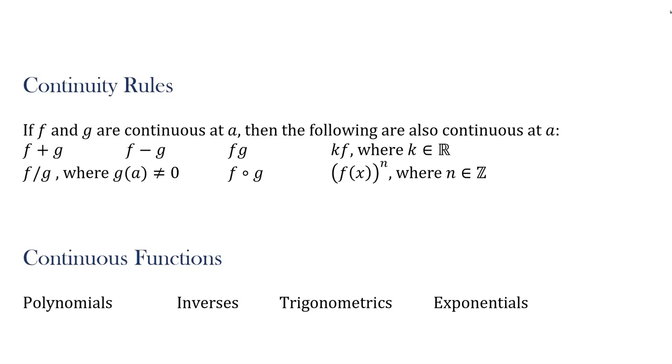Now, along the lines of knowing our rules and laws of previous math classes, that comes directly in with continuity rules and continuous functions. So there are certain functions we can just take for granted that they are continuous. All polynomials are continuous, pretty much by the definition of what they are. Some trig functions, be careful on those.